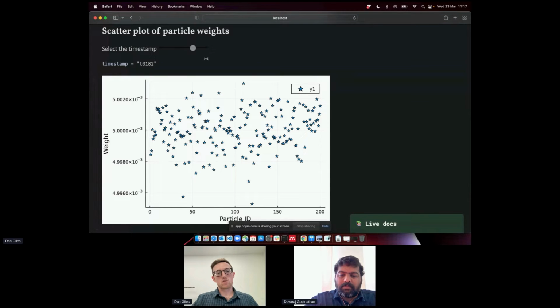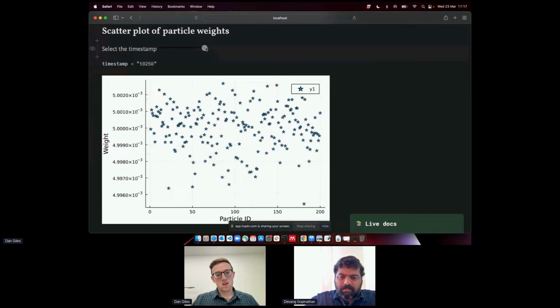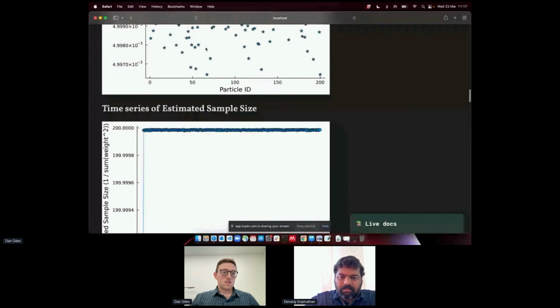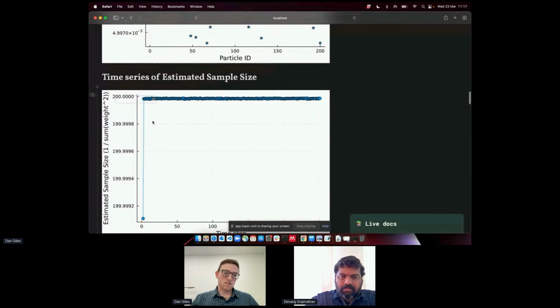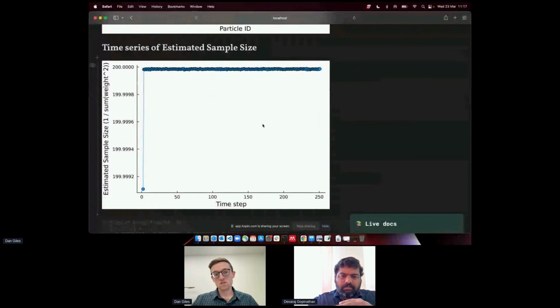So we see quite uniform weights as we go through time. This is also highlighted here in this estimate of our ensemble size. As I said, there are 200 particles and we have roughly an ensemble size of 200 across the course of the simulation. So that's just a quick demo of the toy example.